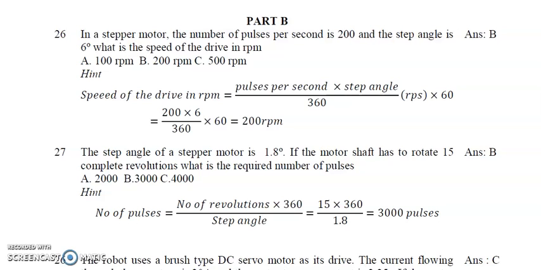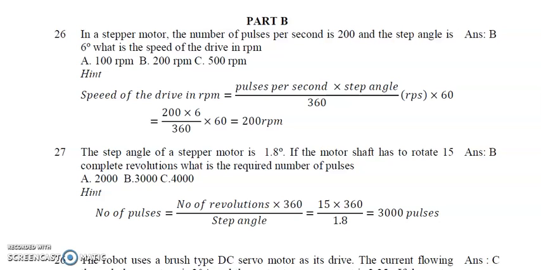So the total angle moved is the number of pulses per second times the step angle. For each revolution it has to move 360 degrees, so we divide by 360.